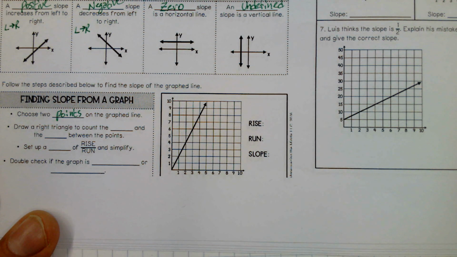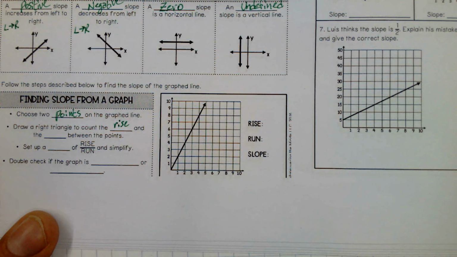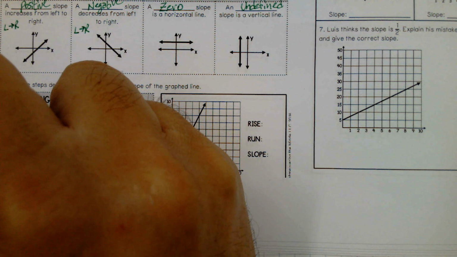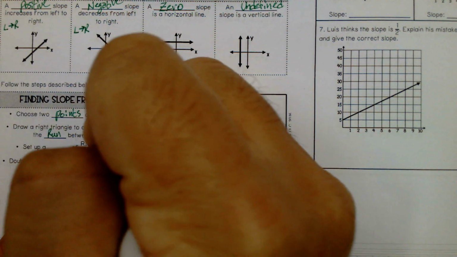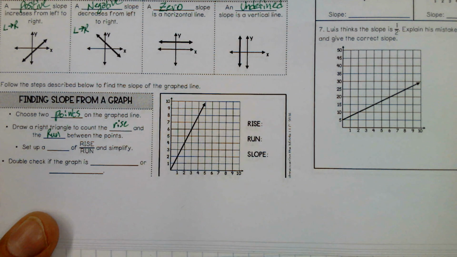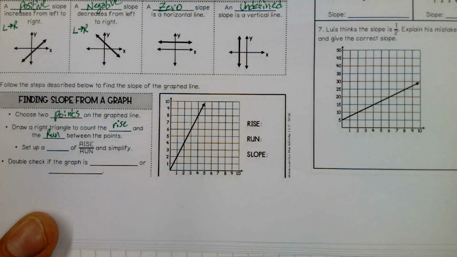And basically what we're going to do is kind of like what that ramp looked like. We're going to draw a right triangle and count the rise. And the rise is how much you go up or down. And the run between the points is how much you move horizontally across.